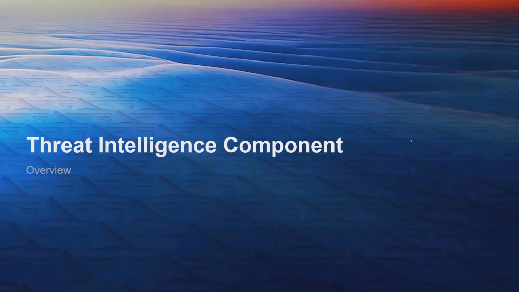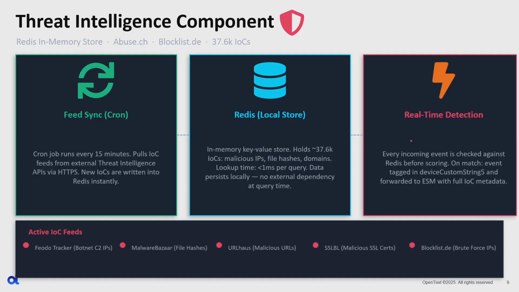So the threat intelligence component, let's take a look. The threat intelligence component and its logic is actually super simple. There is a scheduled cron job, okay, which pulls indicators of compromise every 15 minutes from the integrated threat intelligence platforms and stores the IOC here in Redis.